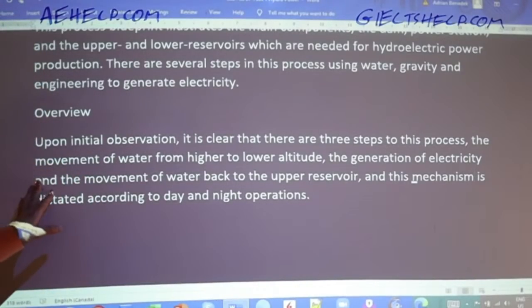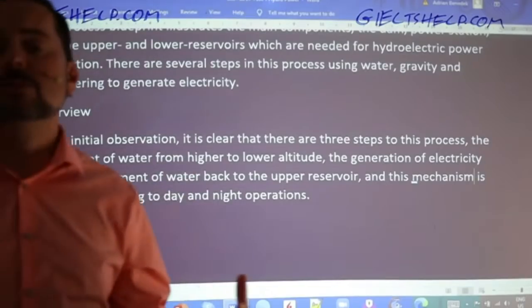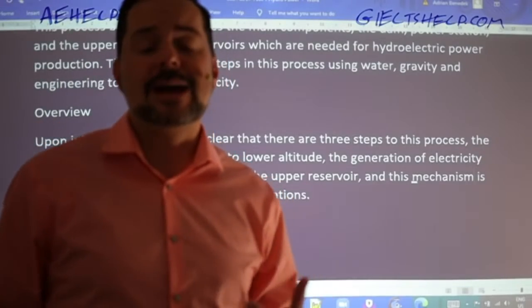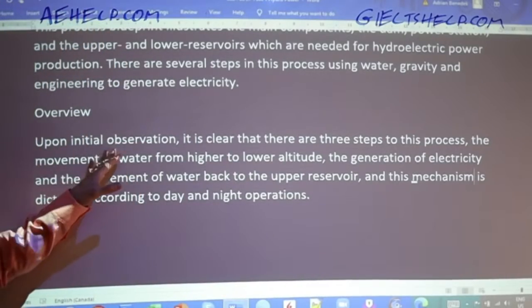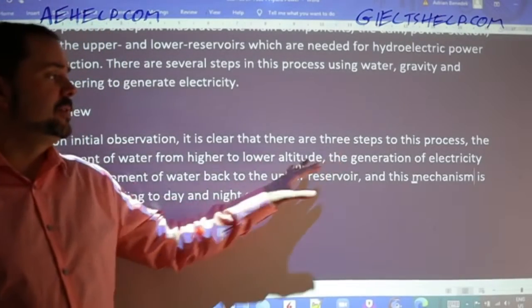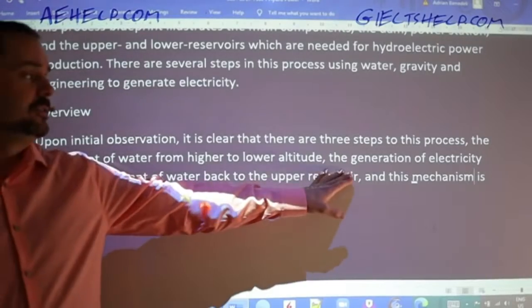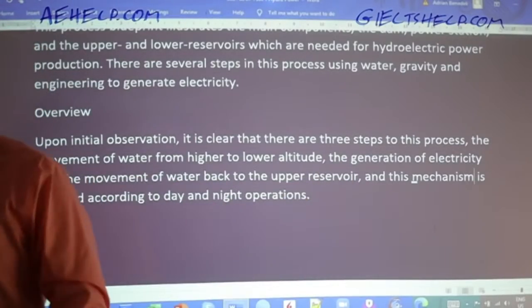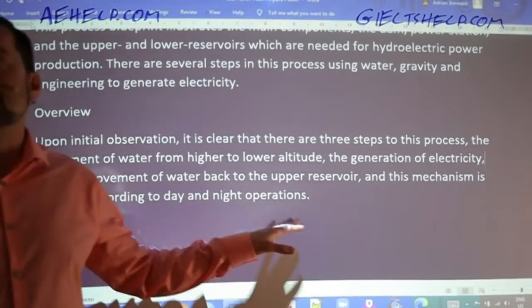Okay, so here we go. It is good to review your paragraphs after you're finished writing them to see where you can make improvements. So, upon initial observation, it is clear that there are 3 steps to this process. The movement of water from higher to lower altitude, the generation of electricity, and the movement of water back to the upper reservoir. And this mechanism is dictated according to day and night operations.